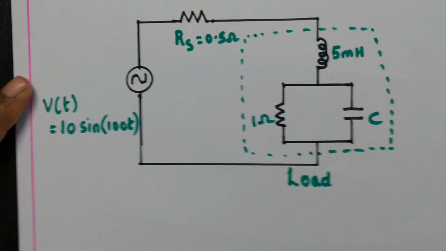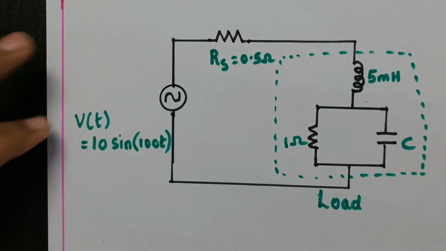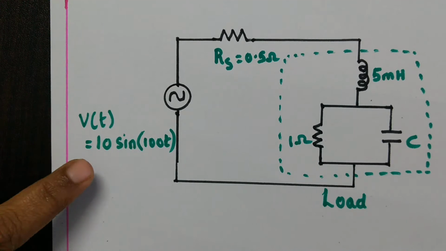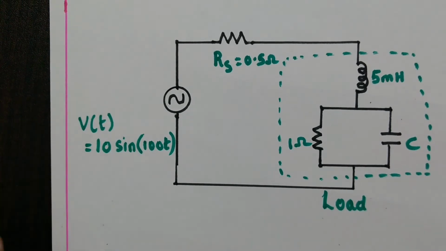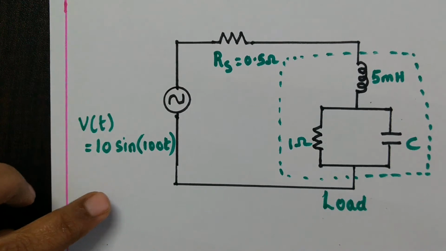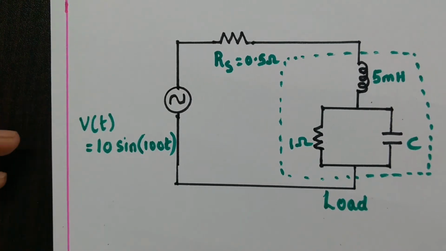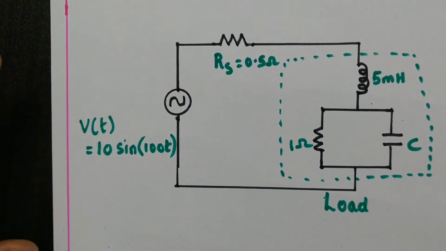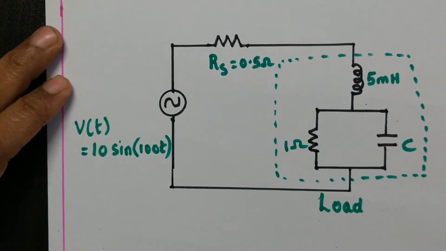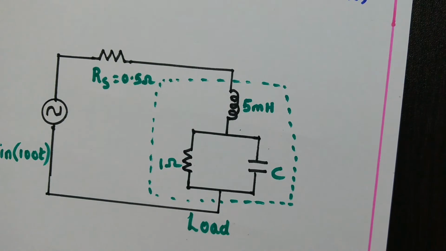Okay. So see the circuit. The sinusoidal voltage is 10 sin 100t, 10 sin omega t, Vm sin omega t. So here the phase difference phi equal to 0. So from this itself we can find there is no phase difference between the current and voltage, phi equal to 0. So the circuit is resistive.